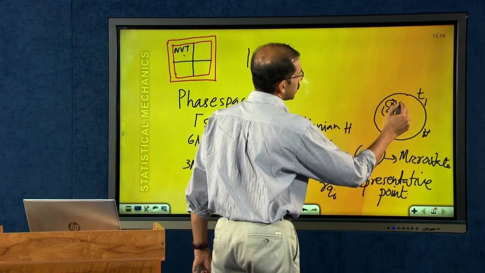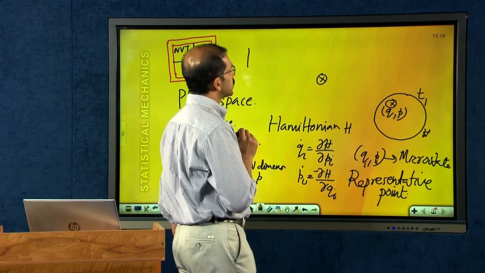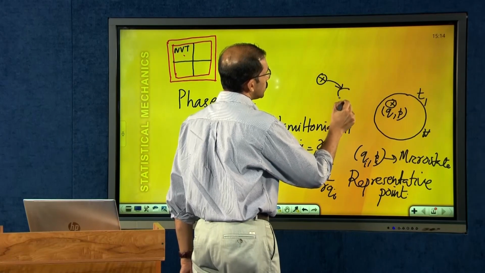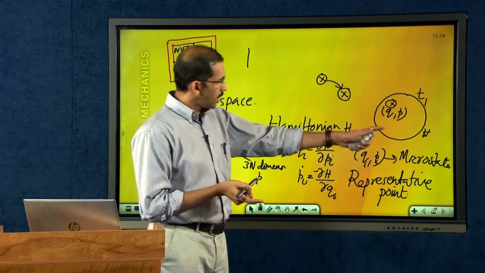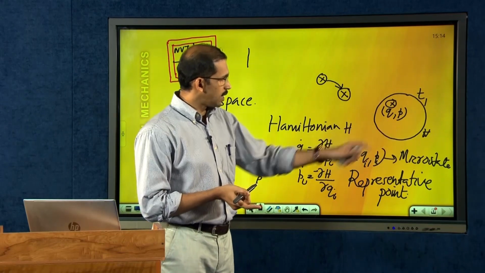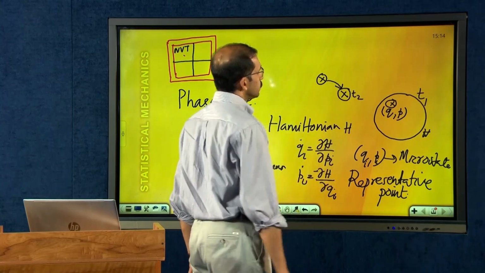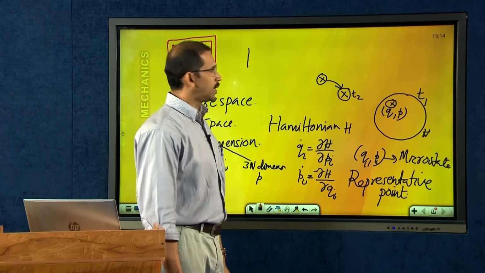What happens is that at t1, if this is the representative point, I can approximate that this point moves to another point on the same surface, which is limited by the Hamiltonian, and it can be represented by the new representative point like this.